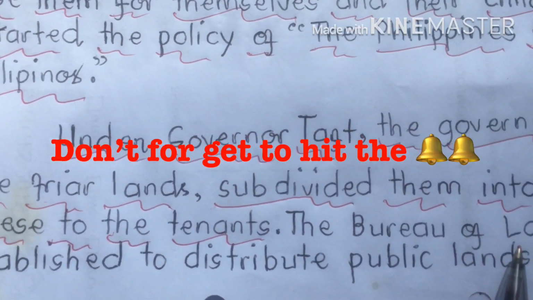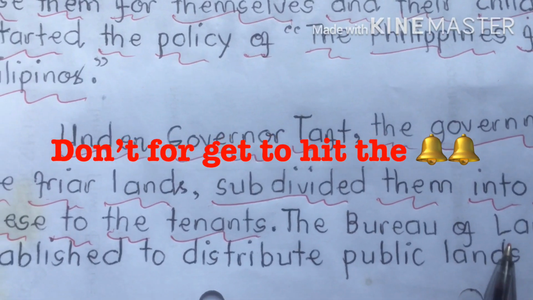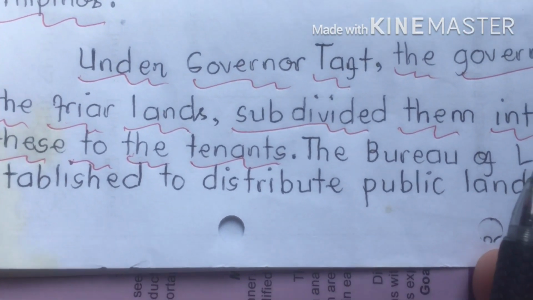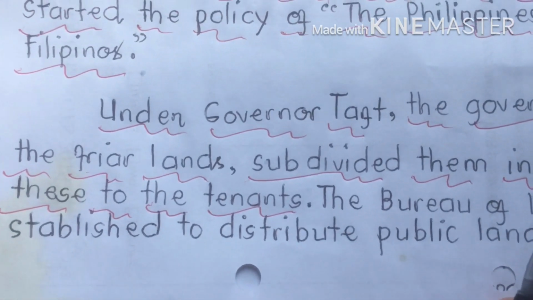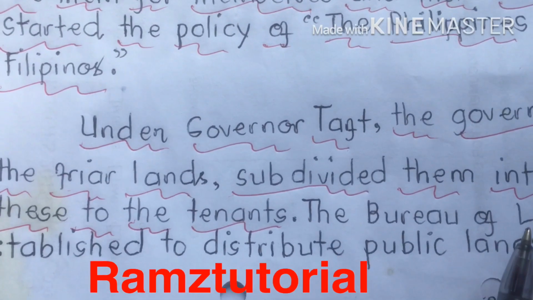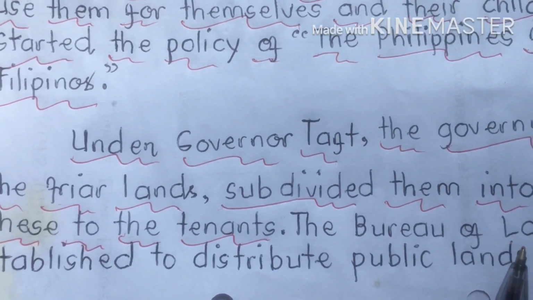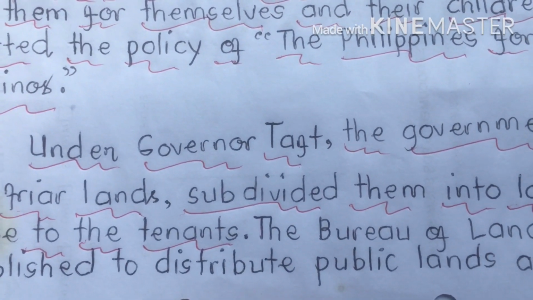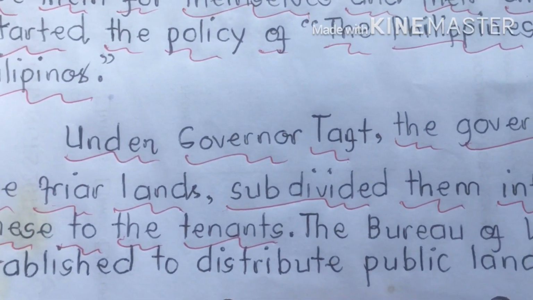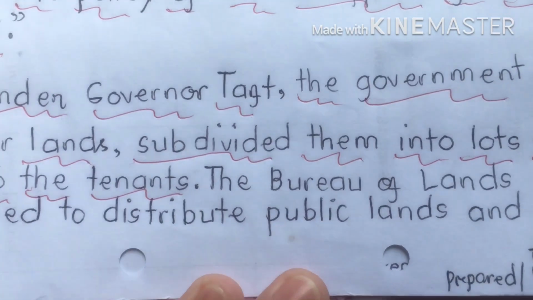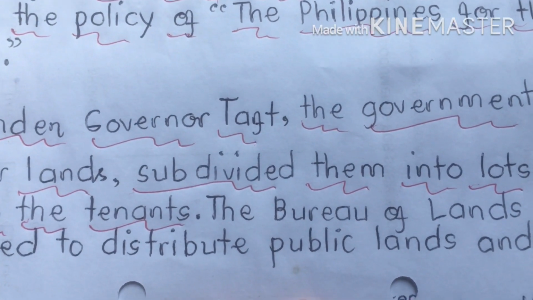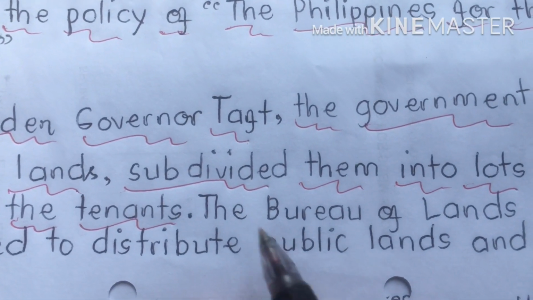Tenants are not the owners of that particular land. Our government bought and subdivided the land into lots and sold them to the tenants. That's a good strategy also. That was the purpose of William Howard Taft for our government: to buy friar lands and subdivide them, which also served government purposes.